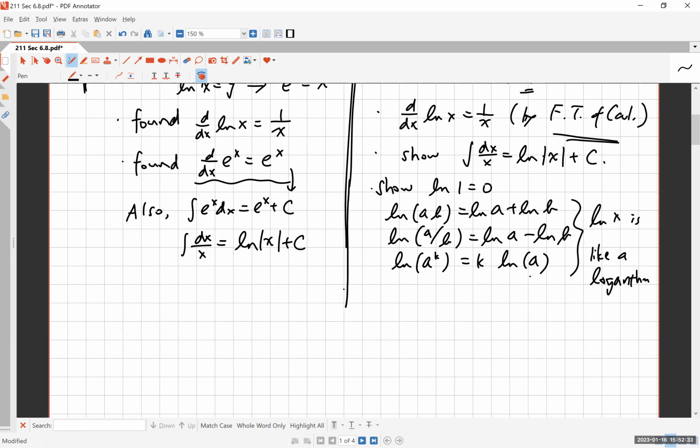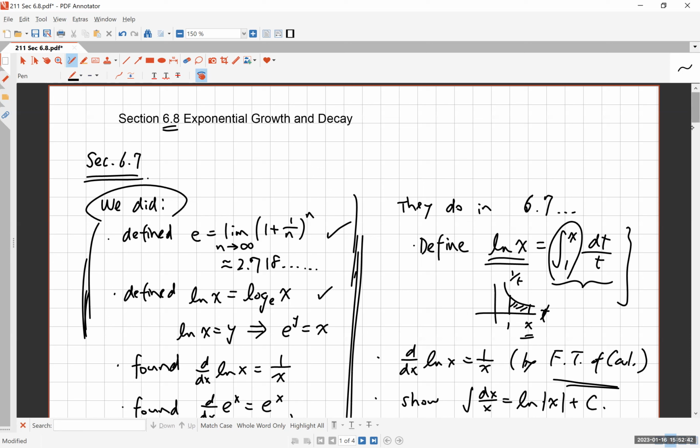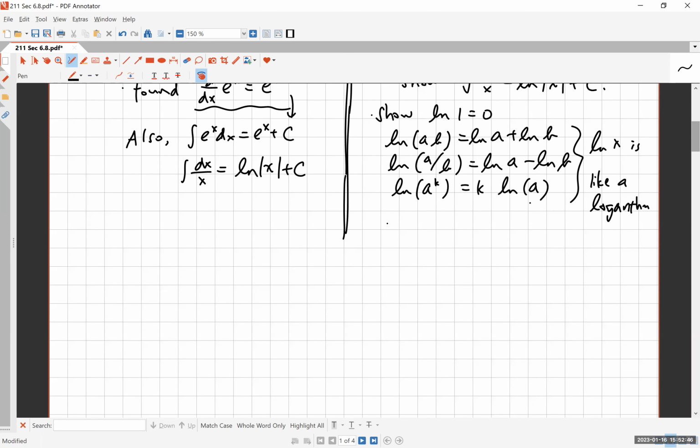Remember, we didn't define Ln as log in this alternative way of discussing this. So once you show that this area function behaves like a logarithm, then you can start looking for the base. What is the base of this logarithm? So you let E be the base of this area function, which we call Ln of x, which now we can see that it acts like a logarithm.